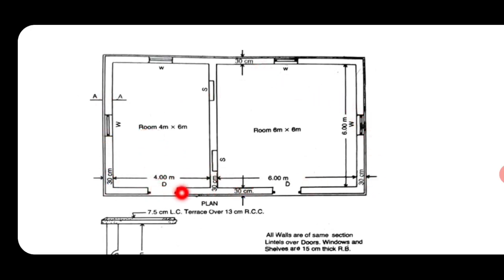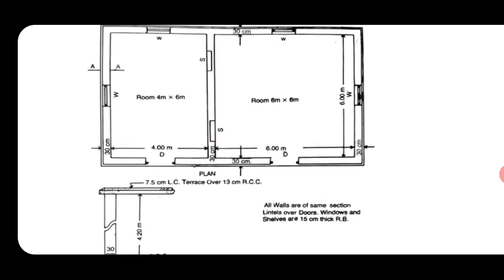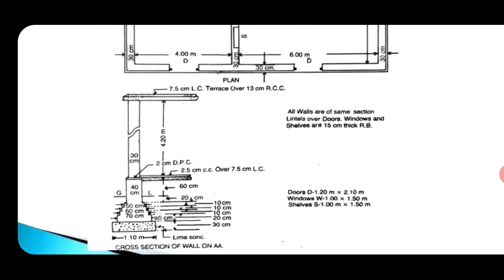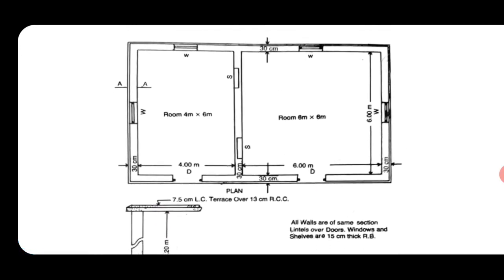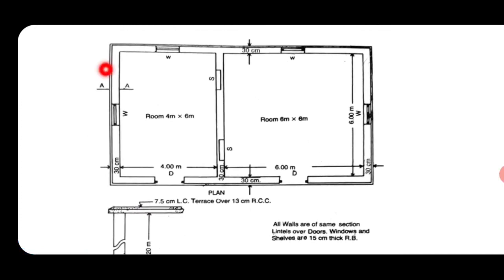There are two numbers of door which are marked with D and 4 numbers of windows which are marked with W. There are two shelves which are marked with S, and this one is the sectional elevation of a wall by taking this cross section AE.